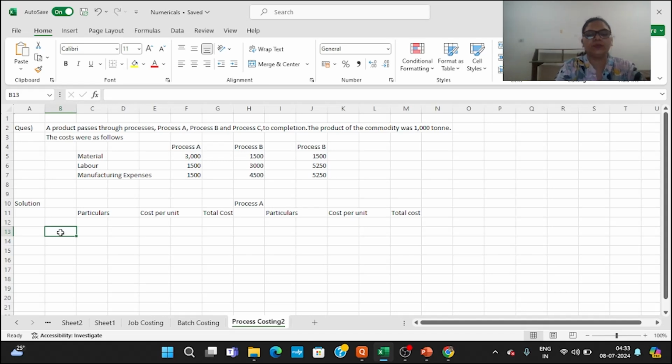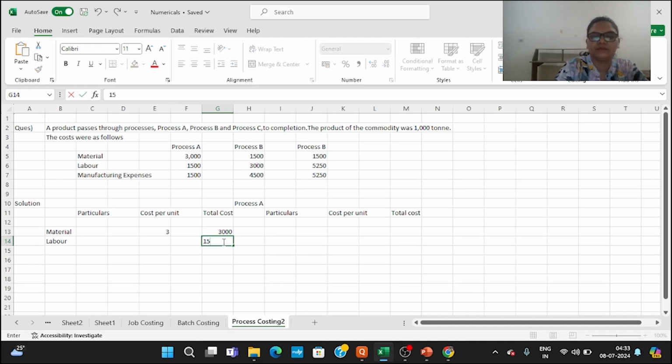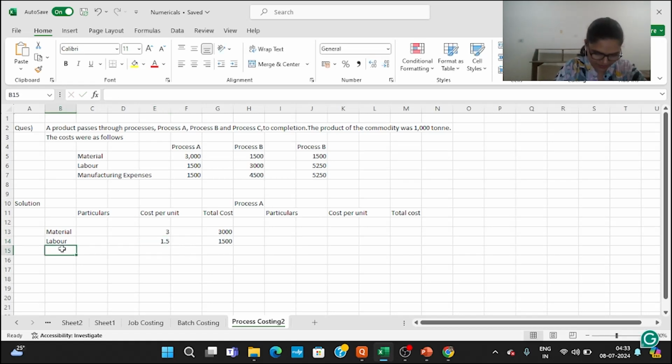On the debit side, we have material. Material is 3000, and we know the number of units produced is 1000, so that will be rupees 3. Next is labor. Labor is 1500, and per unit it is 1.5.